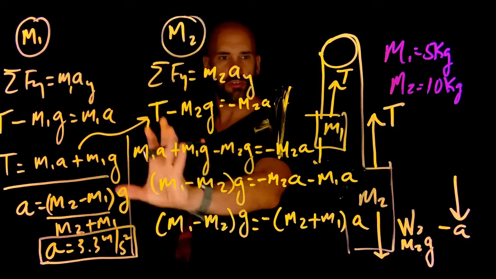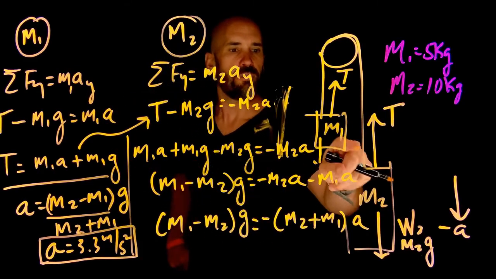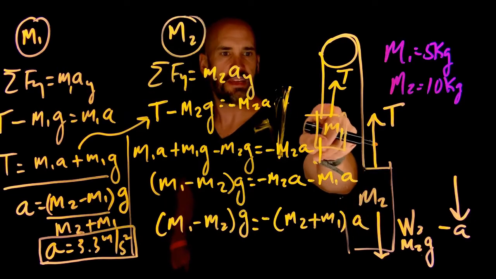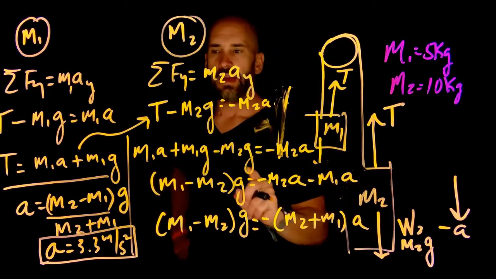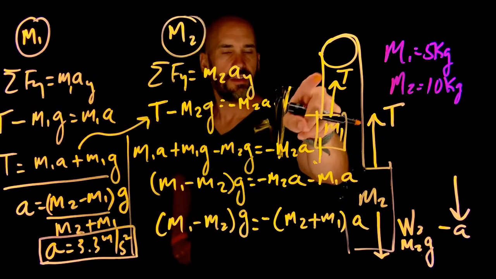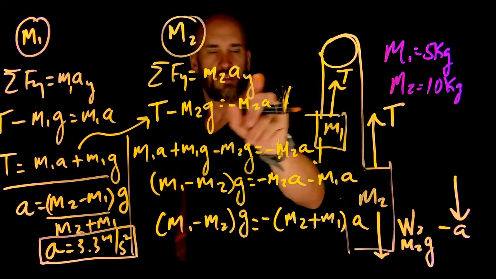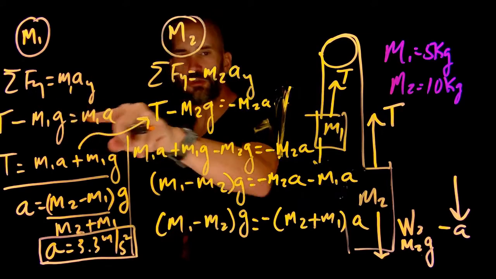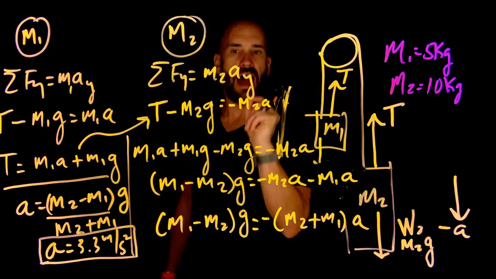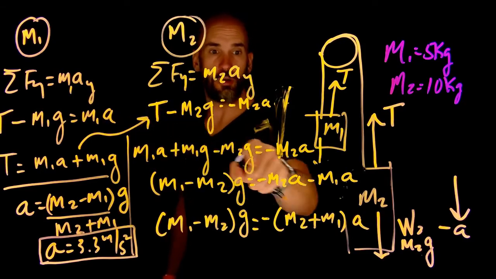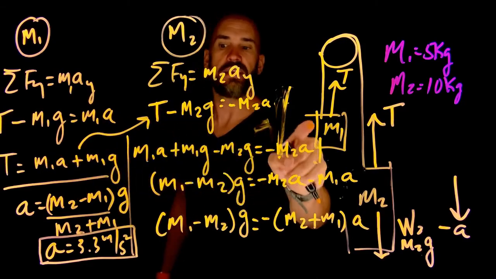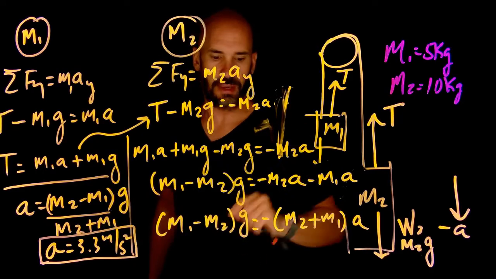But the moral of the story is that by making two free body diagrams, one on each of the objects in this Atwood machine, and then putting the forces from them into these two equations, I am able to solve two equations, two unknowns, eliminate T, and get the acceleration of this object.